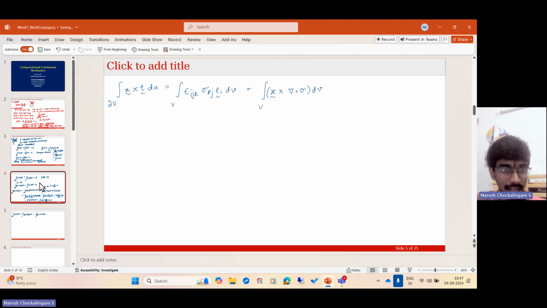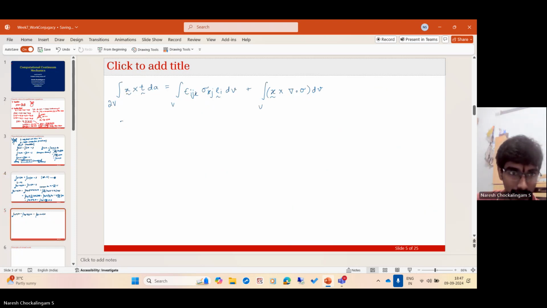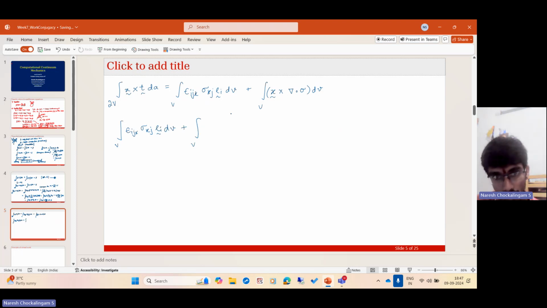Now plug everything back into the first starting expression. Let us call this star. Plugging it back into star, you get the integral over the volume of epsilon ijk sigma kj ei dV, plus, joining the two other terms, x cross del dot sigma plus x cross f dV, is equal to 0.